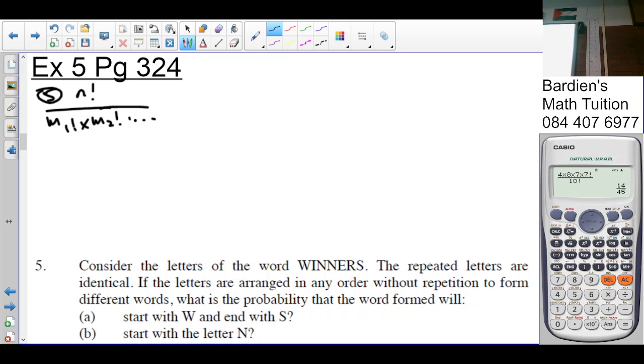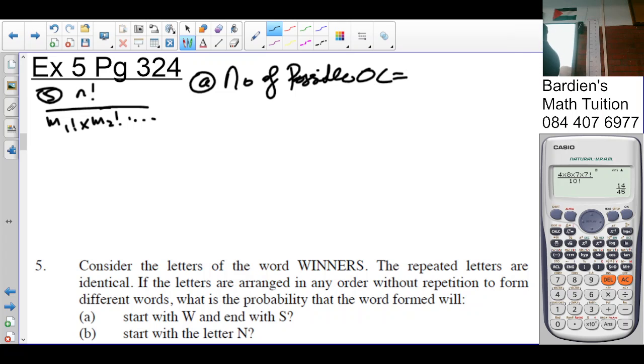If the letters are arranged in any order without repetition, to form different words, what's the probability that the word formed will start with a W and end with an S? So you start with your number of possible outcomes.